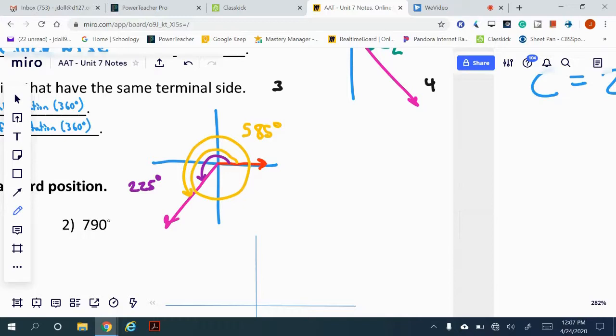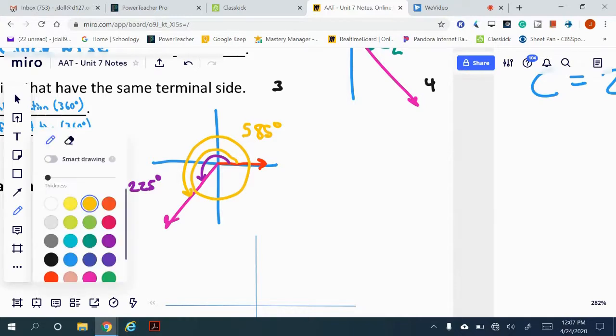And that, guys, this is unlimited. I could go again and add 360 more and add 360 more and add 360 more. These two angles, 225 degrees and 585 degrees, would be considered coterminal angles because even though the measurement is different, where they end, where they terminate is exactly the same. All right.